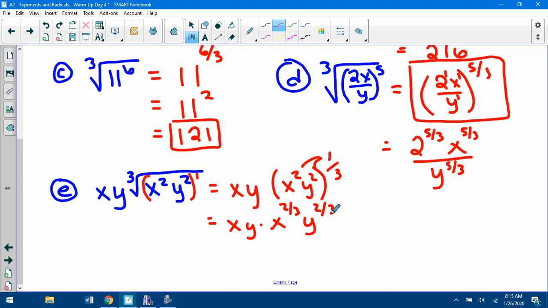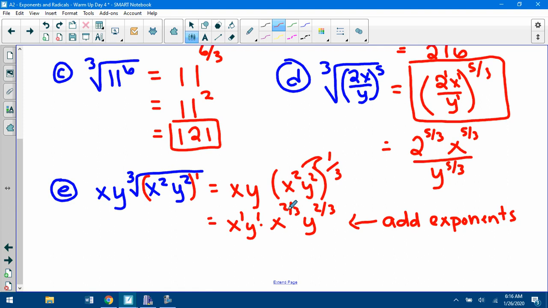Am I done? No, because we can add exponents. These are really x to the first, y to the first. So this step, I'm going to add exponents. So the x's can combine. We keep the base, 1 plus 2/3. Think of 1 as 3/3.